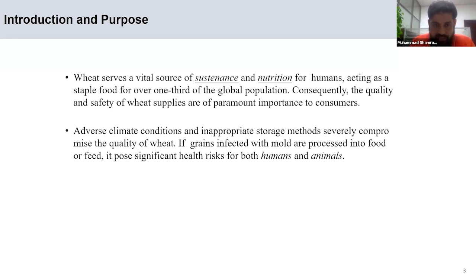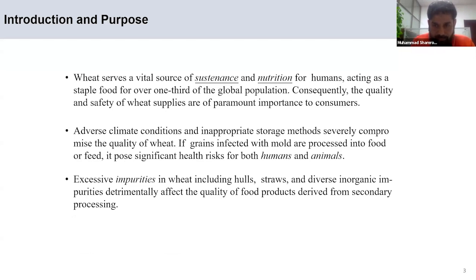With the passage of time, climate conditions and inappropriate storage methods have a lot of influence on the quality of wheat. If grains are infected by these factors, we have to focus on the food or feed that poses a significant health risk for both humans and animals.